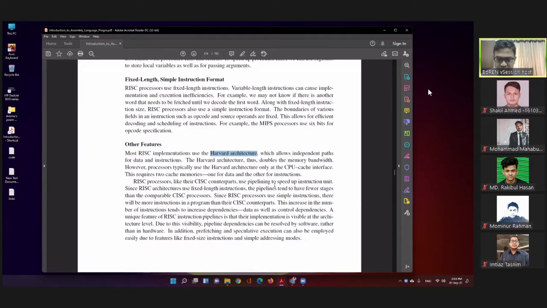So what is it actually? In this type of architecture, the data and the instructions are considered in separate locations and are implemented and used in a separate way. Okay, that's why they have said Harvard architecture, which allows independent paths for data and instructions.